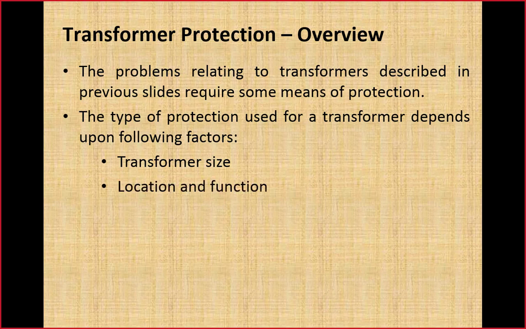Location and function, whether it is a distribution transformer, less expensive, less important, or it is a power system power transformer which is a bigger size transformer and is expensive and critical for the operation of the power system. So depending upon the location, its protection will also change.